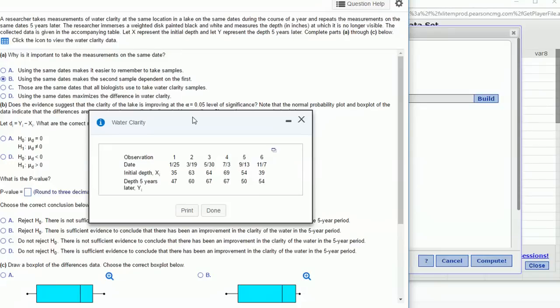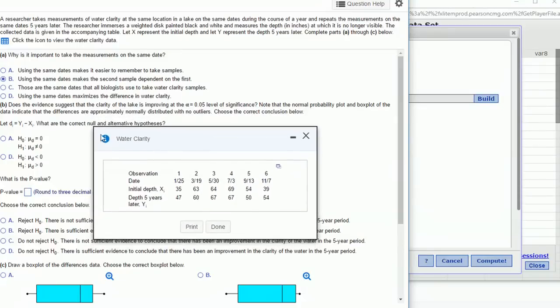So the question that's asked in part B, does the evidence suggest that the clarity of the lake is improving? Okay, what does that mean? Improving clarity means that you can see this thing going down in the water to a greater depth. That means the clearer water would mean an increase in the mean depth.